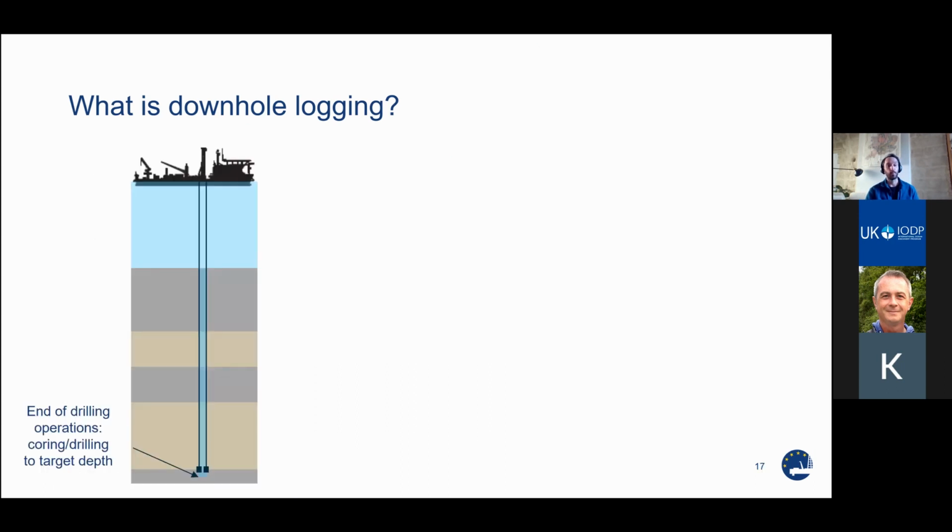So to continue with what is downhole logging, this is a very simple illustration with a drill ship, and the 2 black lines represent the drill string. So we've completed coring operation, and we reached the target depth, let's say. And at this stage, we decide to bring the drill string up.